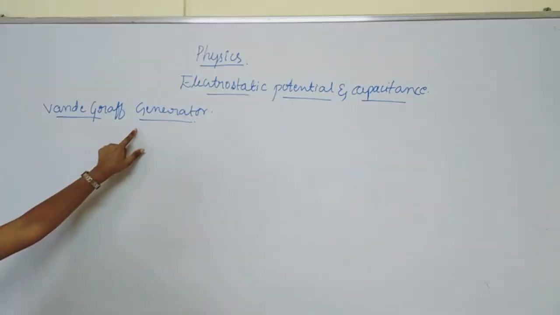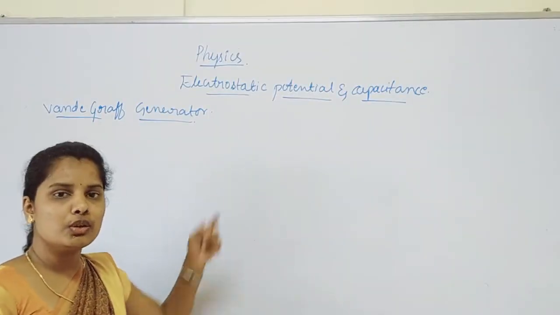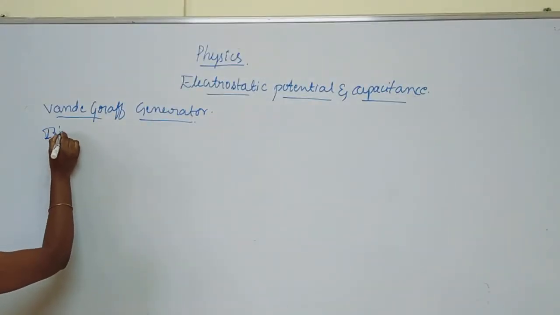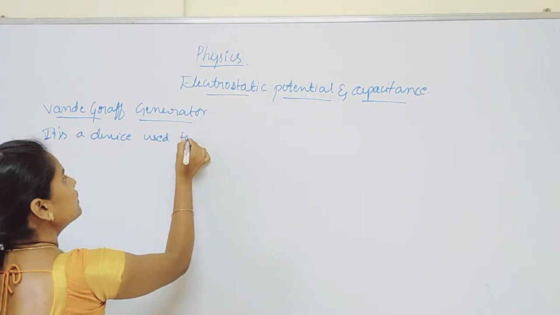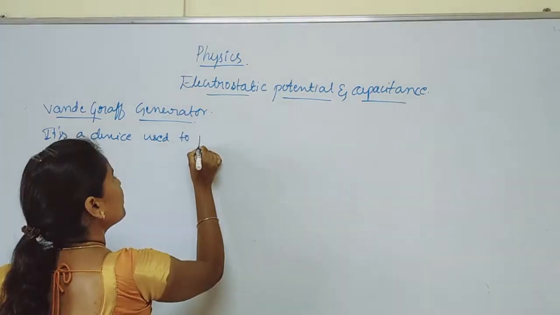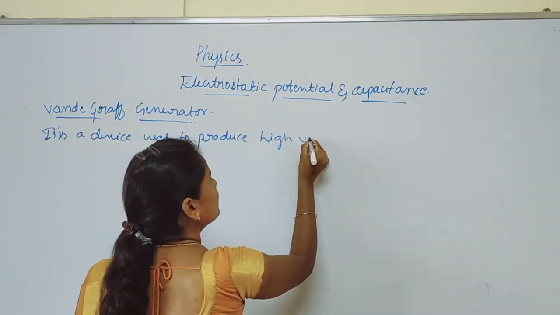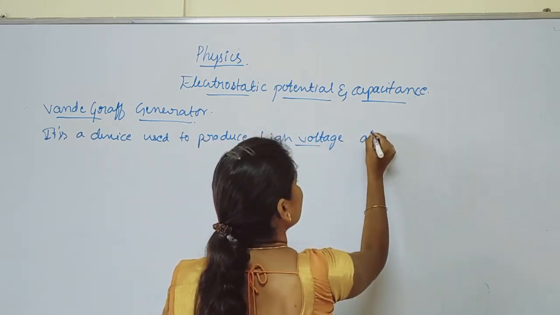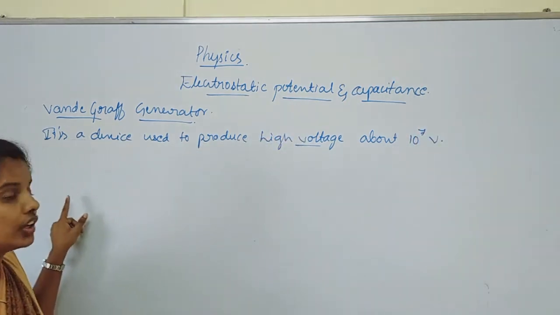We know that a generator is a device used to convert mechanical to electrical energy. But the Van de Graaff generator is a device used to produce high voltage, about 10 to the power of 7 volt. This is called the Van de Graaff generator.